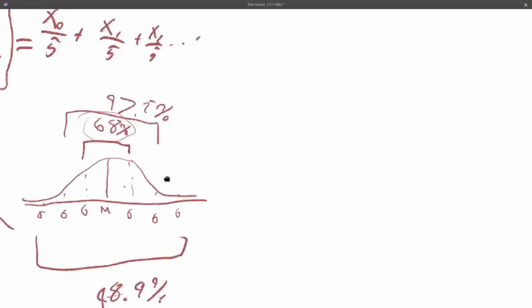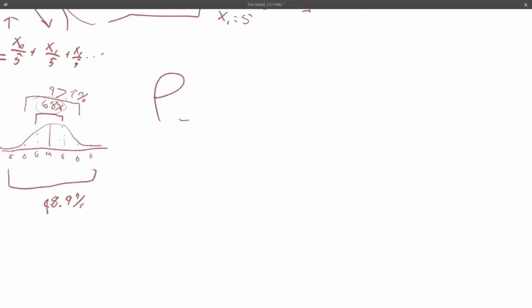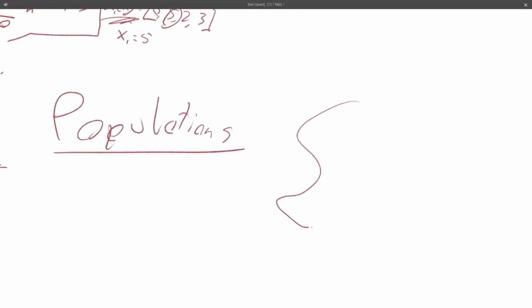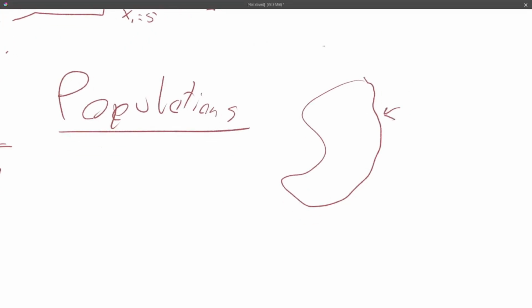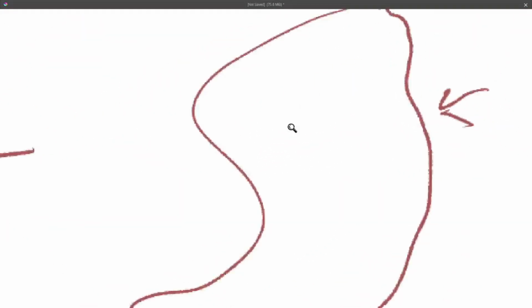All right, moving on to the next thing. We talked about populations. Populations are everything. This is the everything you want to study. I'm like, oh, I want all the pixels on the screen right here. But I realize I can't actually get all the pixels. That kind of sucks because that's a lot of counting. Look how small they are.